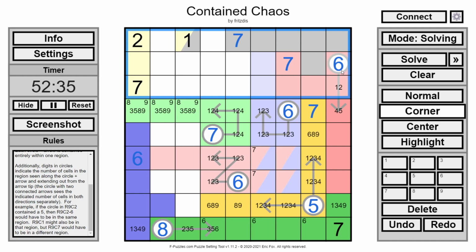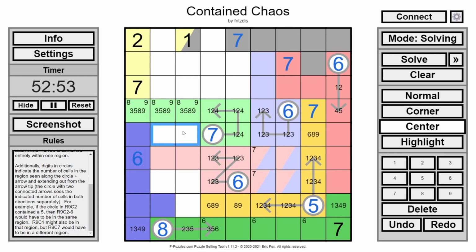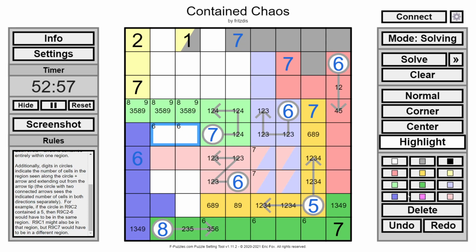But we've already claimed one of them with this dark pink 6. Now we have 2 6s, and we need 1 for gray, and we need 1 for light yellow. That means that we can't have any more 6s up here. So before I was saying that 7 could claim a 6 up here, that's not actually true. One of these must be 6s for light green. I don't know which, but one of them must be.